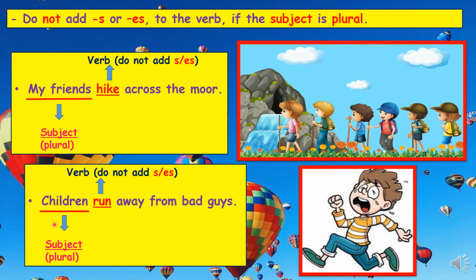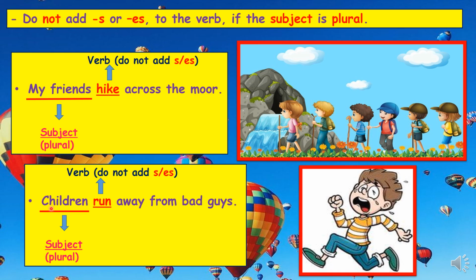Another example, children run away from bad guys. Children is the subject, it is in the plural form. And remember, children is not a normal noun, it's an irregular noun that when we change it from its singular to its plural form, we do not add s or ies, we just change the whole spelling of the word.